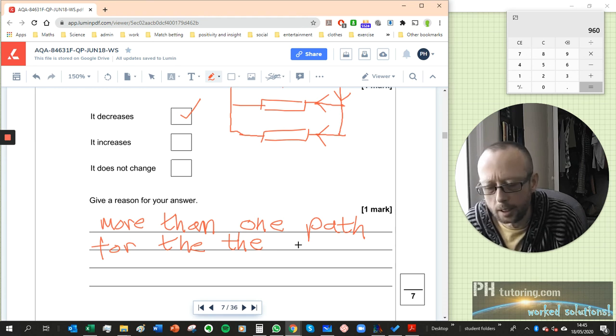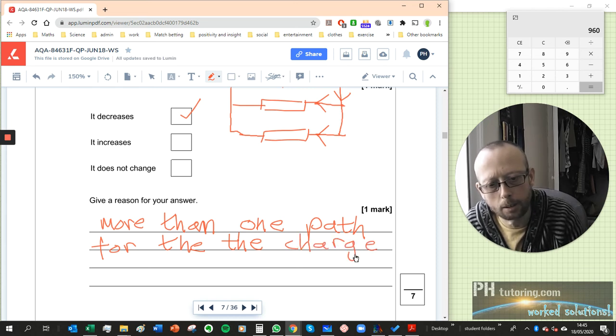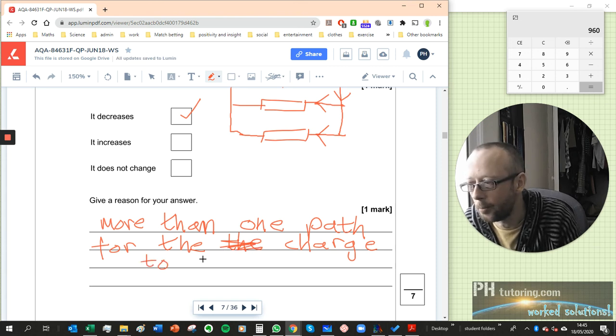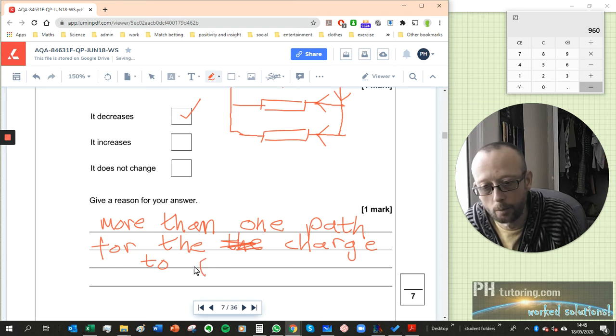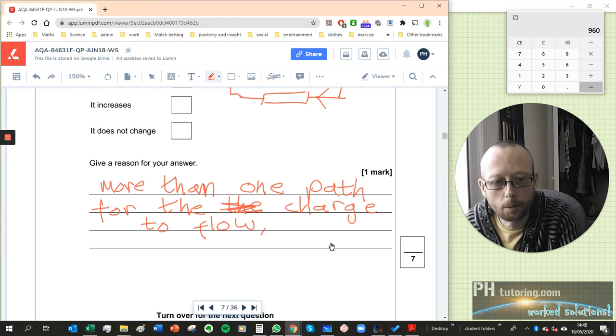It says charge in the mark scheme, but electrons or charge, let's put charge then. It's the electrons that are carrying the charge in this case. I'm sure you'd get away with writing electrons. For the charge to flow. Flow is nice. Okay, that's question 3.